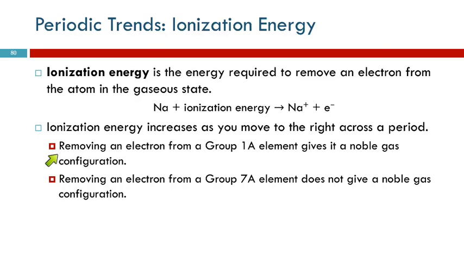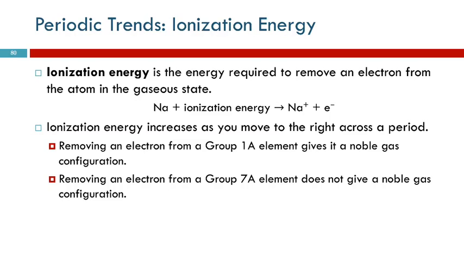And one way to remember this is to think about, well, who's more willing to lose an electron? A group 1A element or a group 7A element? If you remove an electron from a group 1A element, it all of a sudden has a noble gas electron configuration. Is it going to be happy about that? Yeah, that's great. Oh, you're going to take my sweater? Oh, cool.